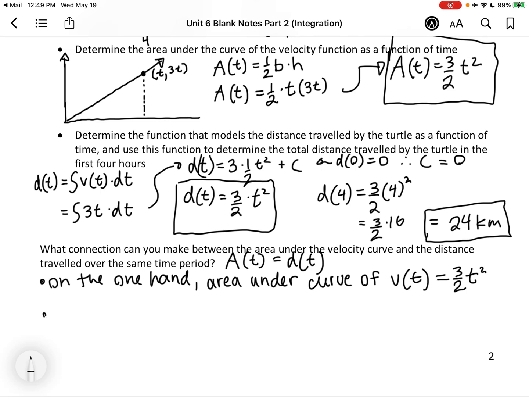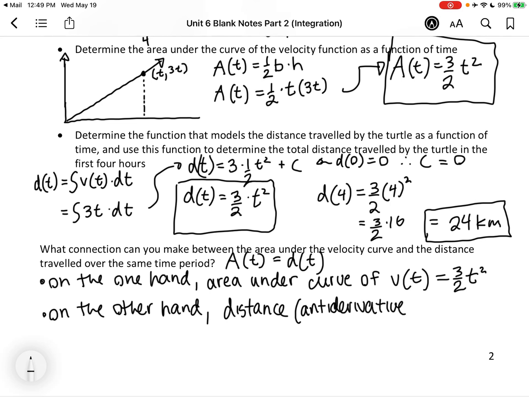On the other hand, distance, which happens to be the antiderivative or the integral of v of t, is also equal to the same thing.